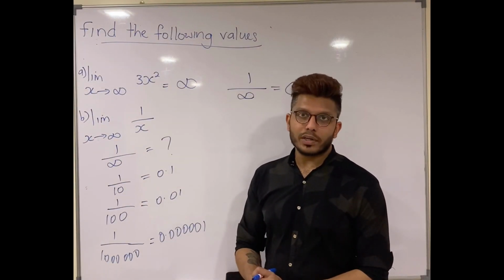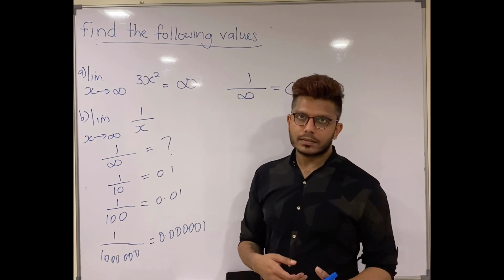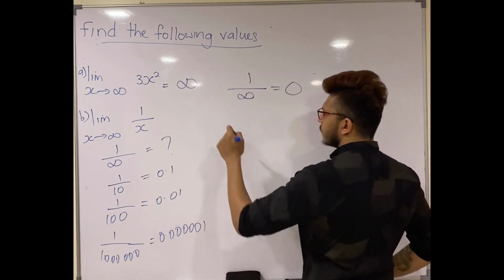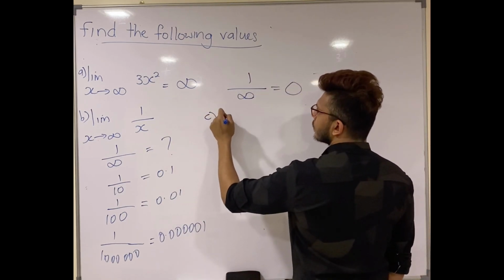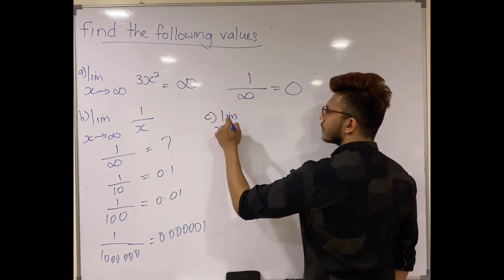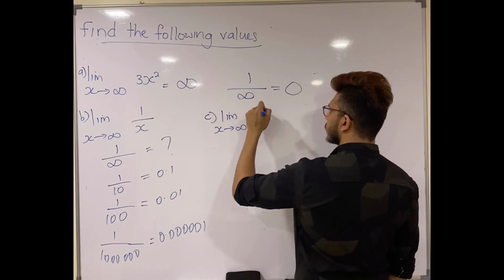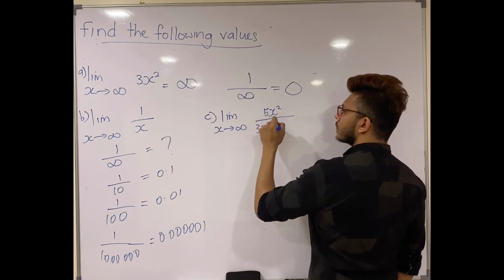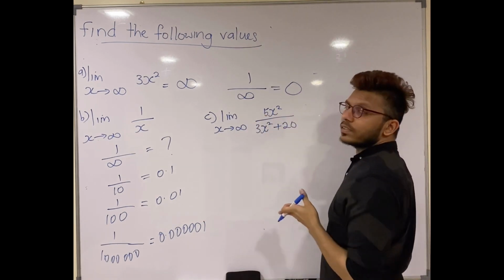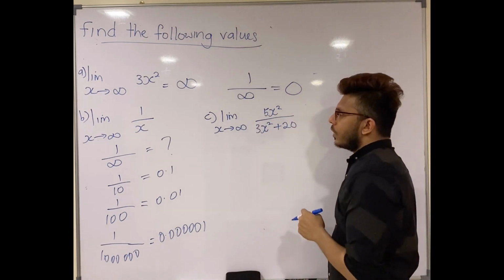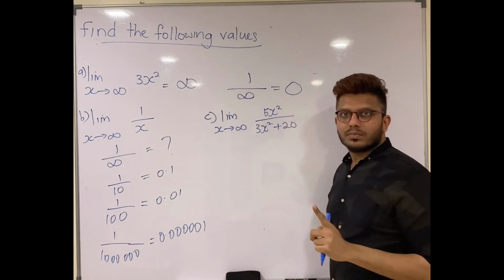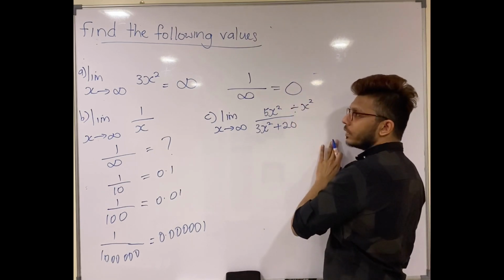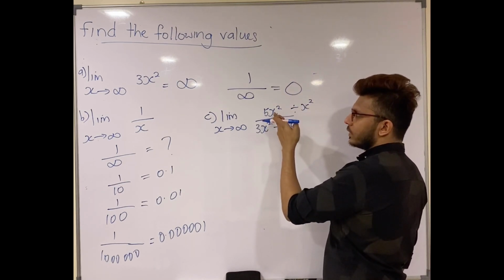Okay, so now we're going to look at a question where you have x in the numerator as well as the denominator. So let's see. Now, how do you solve this? You cannot have x here, that is a rule. So, I'm going to divide both numerator and denominator by the highest power of x, which is in the numerator.